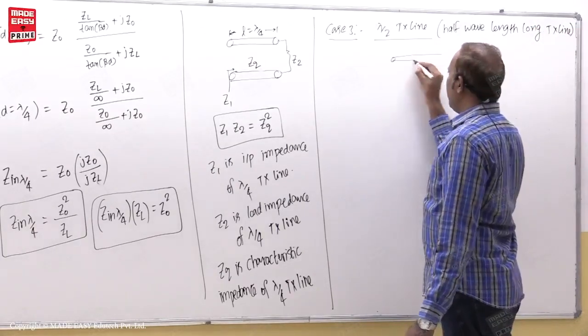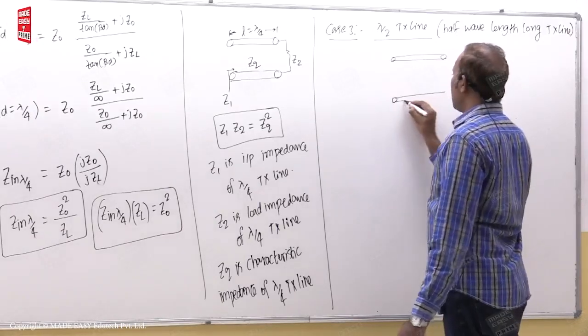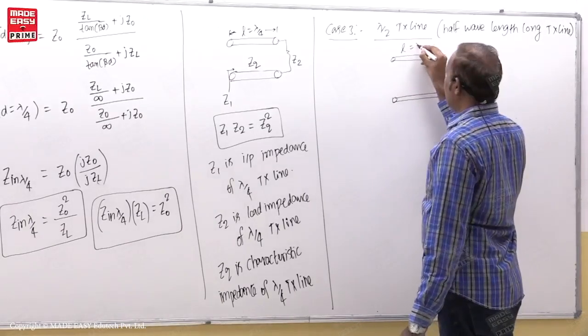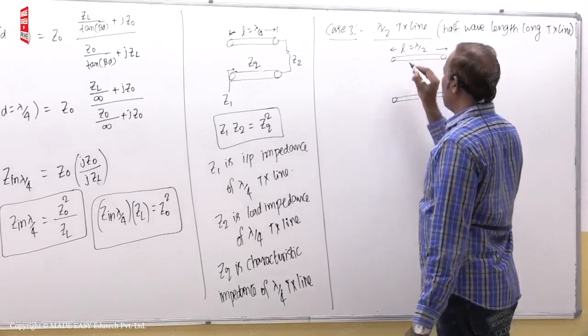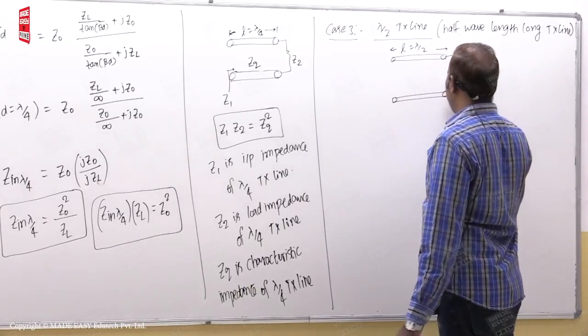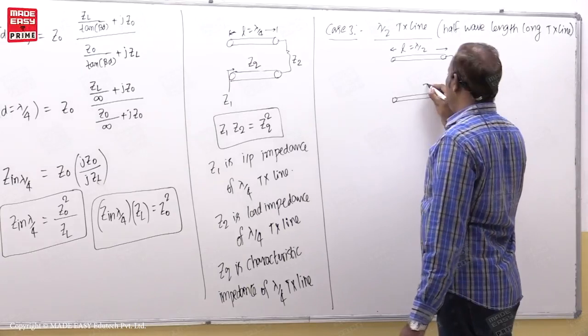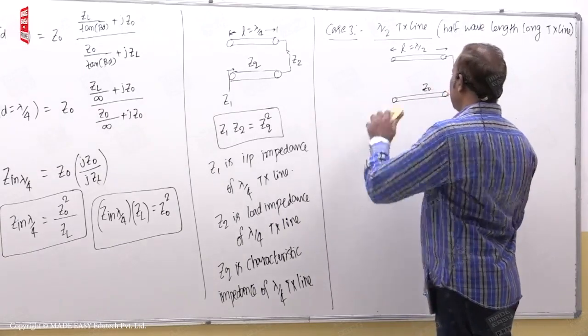Now let us say the length of the transmission line L is equal to lambda by 2, and this is ZL, this is Z0.